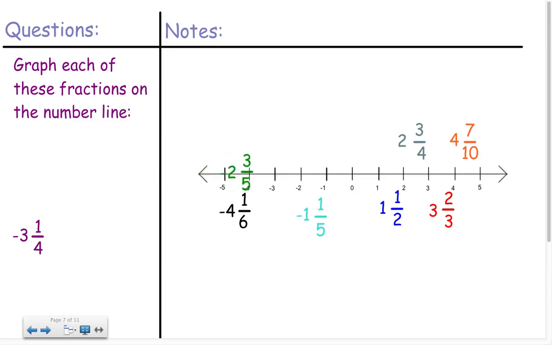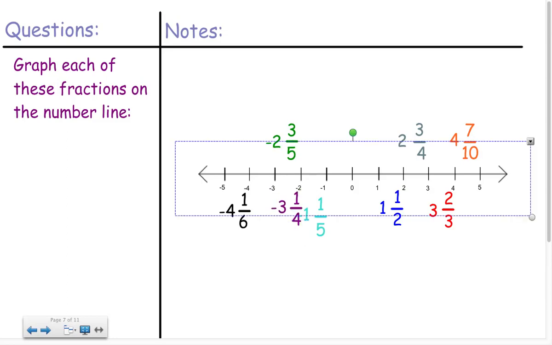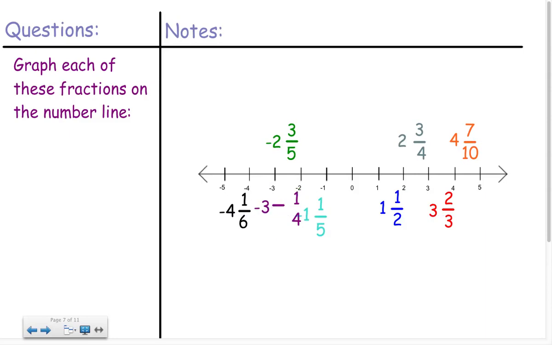Negative 2 and a little more goes between negative 2 and negative 3. Negative 3 and a little bit more goes between negative 3 and negative 4. Remember, if I move this here, that means it's between negative 2 and negative 3, which would not be right. So it's got to be over here.